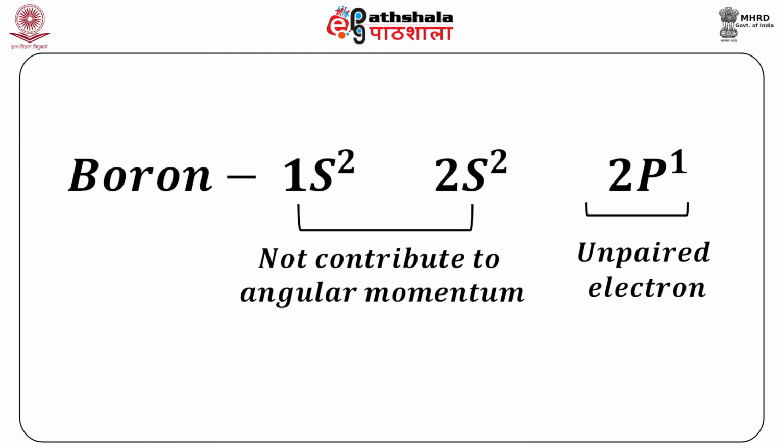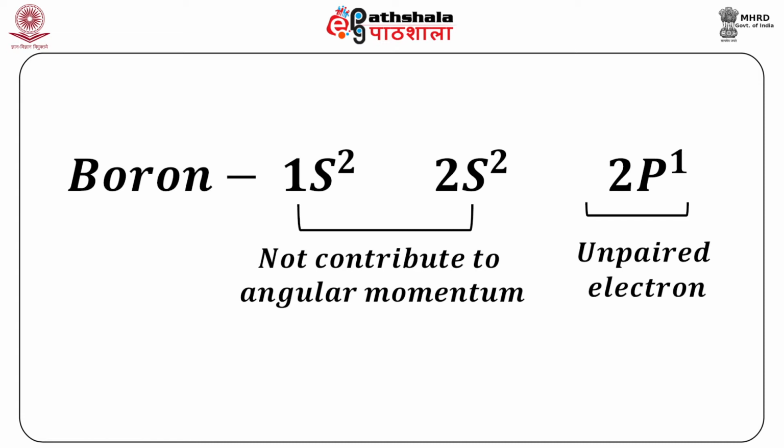Now, the next atom is the 5 electron atom boron, and because it has an odd number of electrons, it has the electronic configuration 1s2 2s2 2p1. And now you have an unpaired electron. 1s2 and 2s2 will not contribute to the angular momentum because they are both paired electrons and the 1s and 2s orbitals are completely filled. So, we are only concerned with the unpaired electron in the 2p orbital.